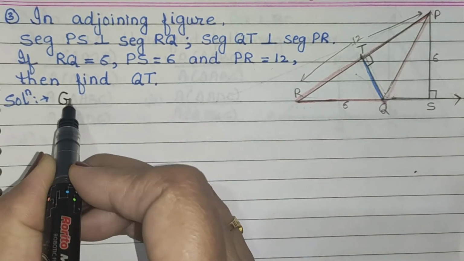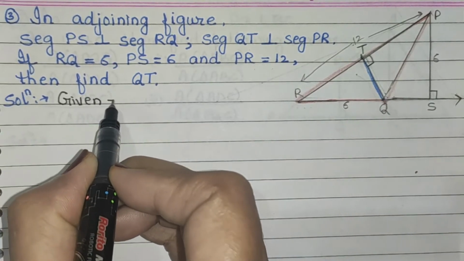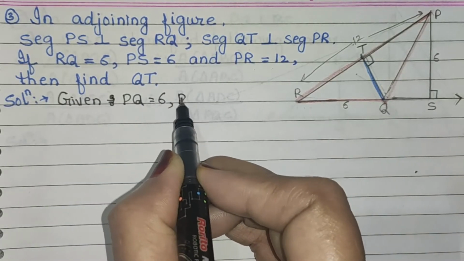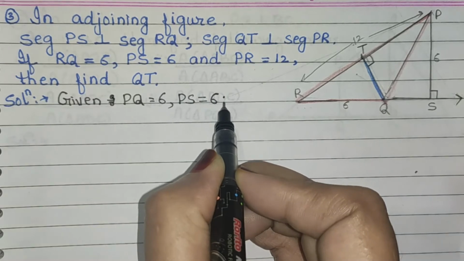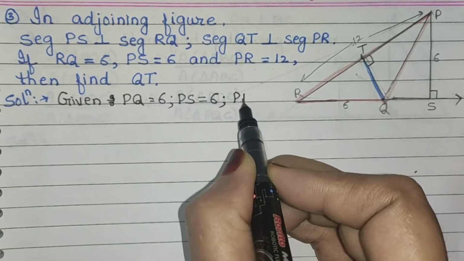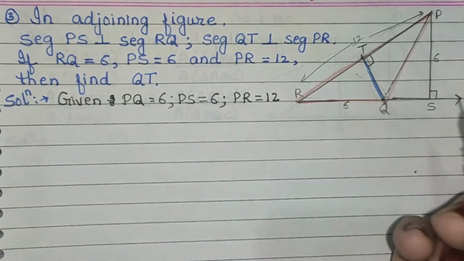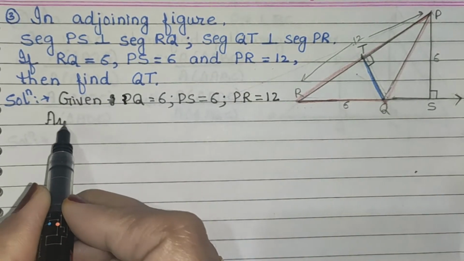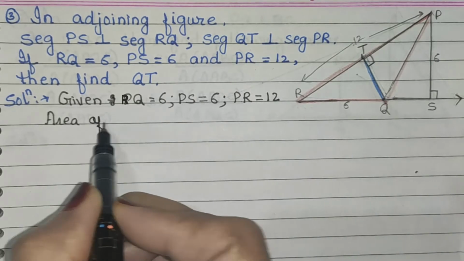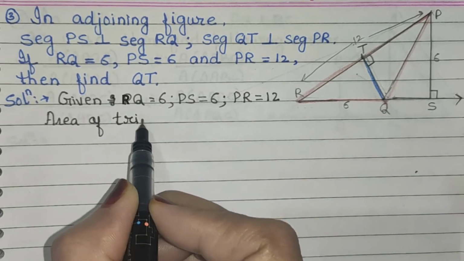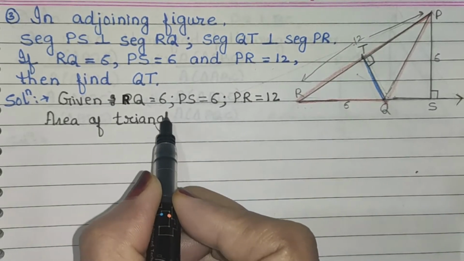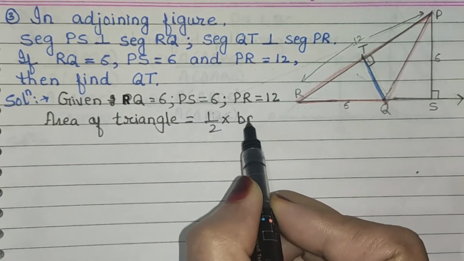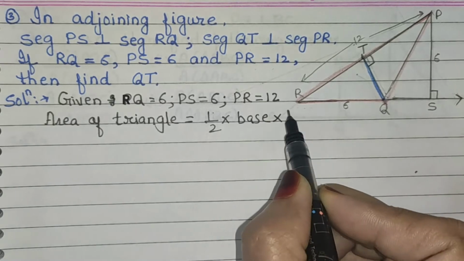First, write down what is given in the problem. Given here is RQ equal to 6, PS equal to 6 and PR equal to 12. Formula: area of triangle is equal to 1/2 into base into height.